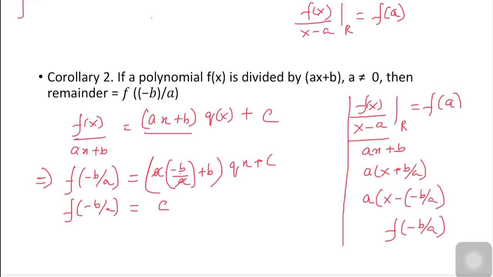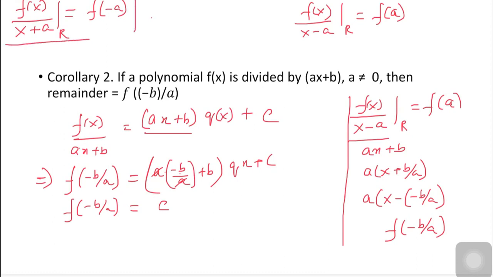The first corollary is when f of x is divided by x plus a, or x minus of minus a, then the remainder is equal to f of minus a.